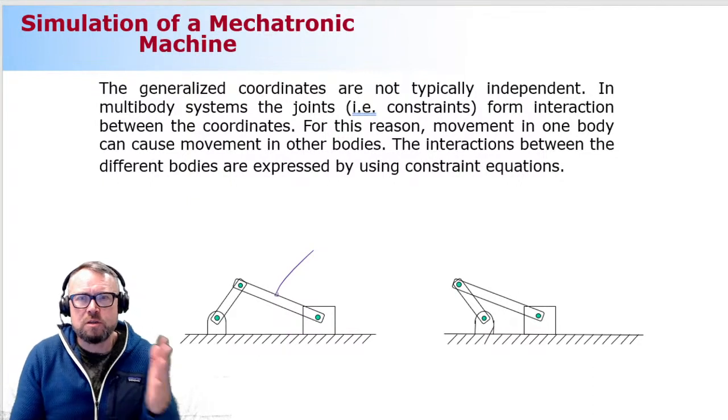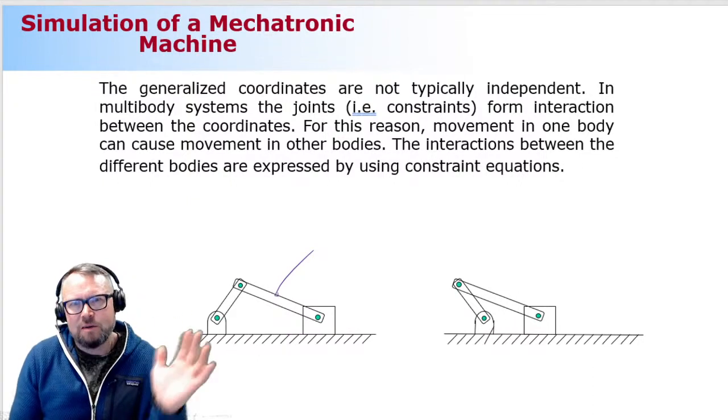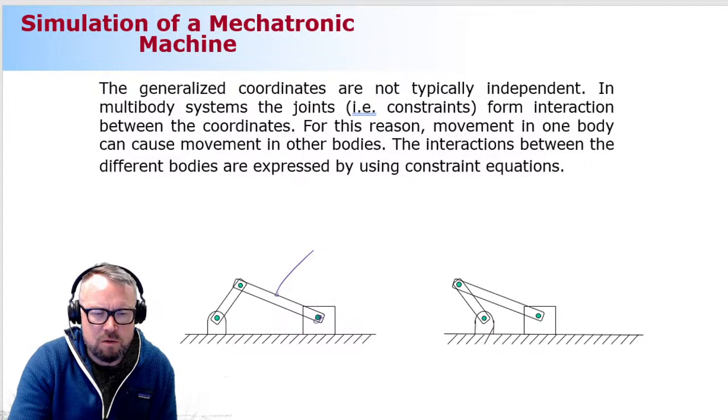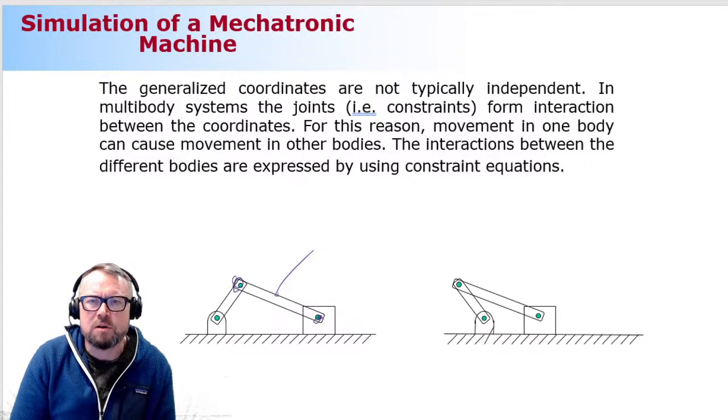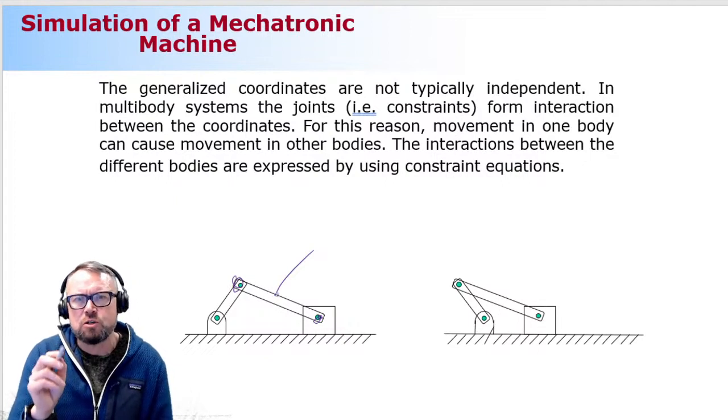It can translate 2 different ways and rotate 1 way. Now, because it is part of the mechanism shown here, its motion is no longer free, but it has to follow the motion of its neighboring bodies. That's because of the constraints, because of the joints. So joints are forcing the connection rod to move in a certain way.